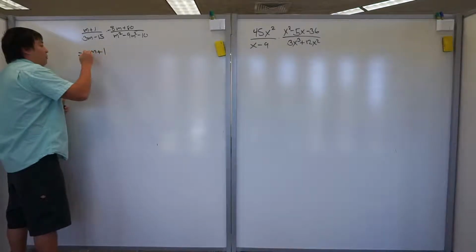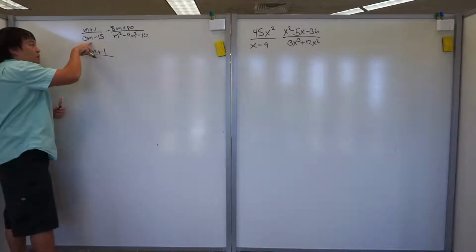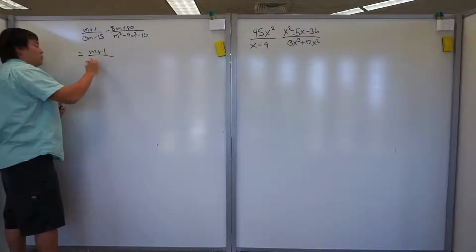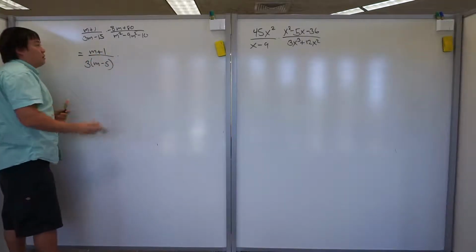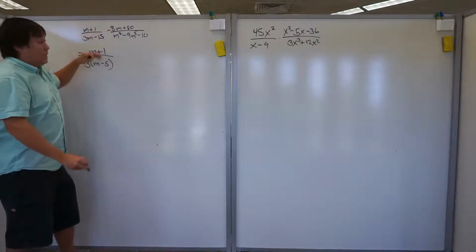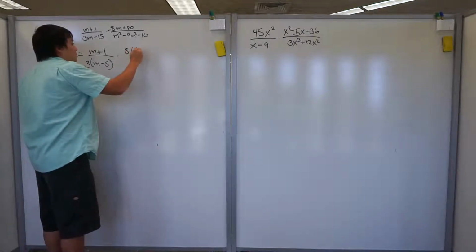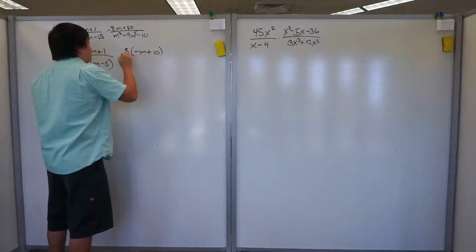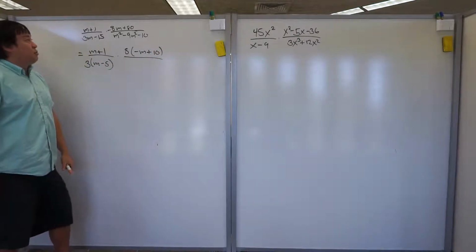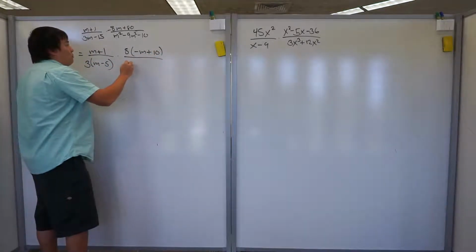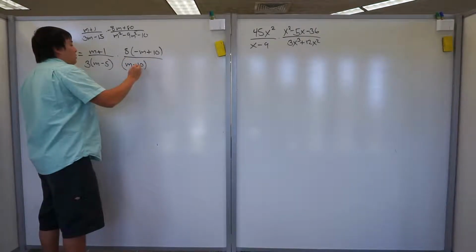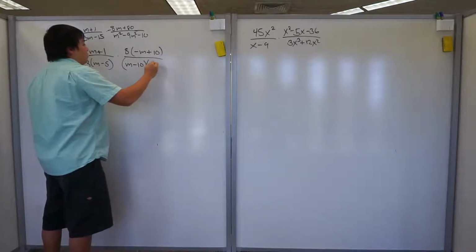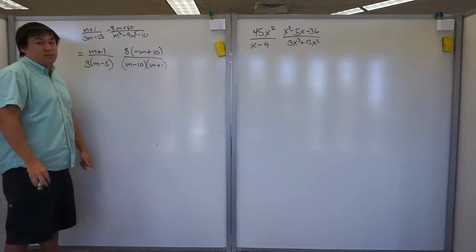The top first part, there's nothing to factor. But here you can factor out a 3. Up top, I could factor out an 8. And then on the bottom, we get m minus 10 times m plus 1 as its factors.